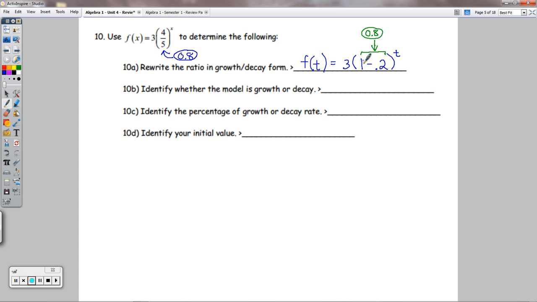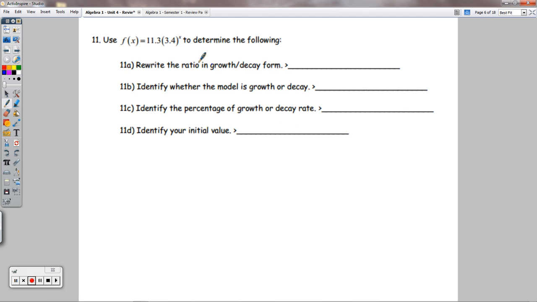You're subtracting from 1. If you have a number less than 1 inside of there, that's going to be decay. And the growth or decay rate, move that decimal 2 spots to the right. That would be 20% decay. And your initial value is the value out there in front of the parentheses. So 3 is your initial value.